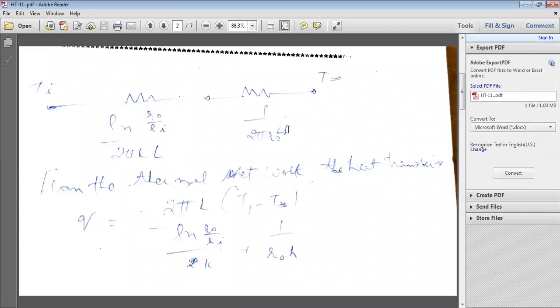What are the units of H? Convective heat transfer coefficient units are watt per meter square Kelvin. What are the units of thermal conductivity K? Watt per meter Kelvin.